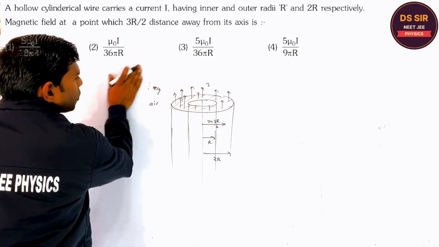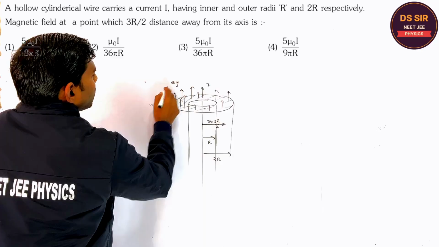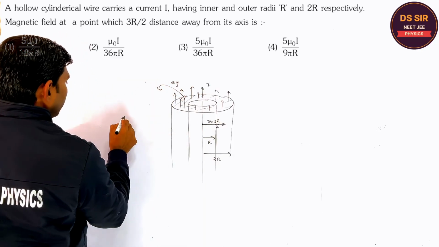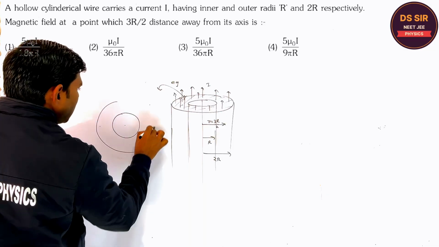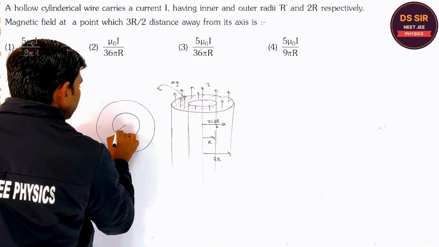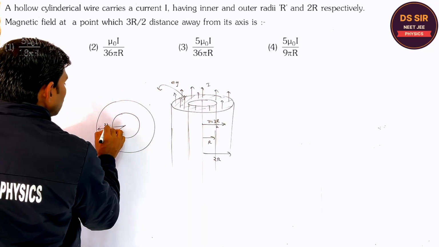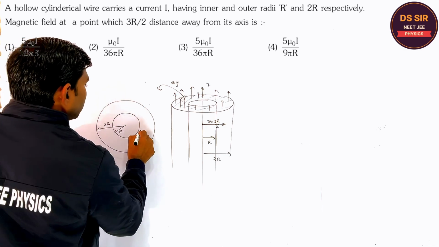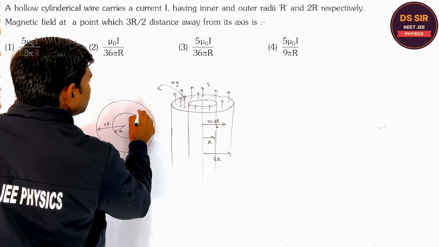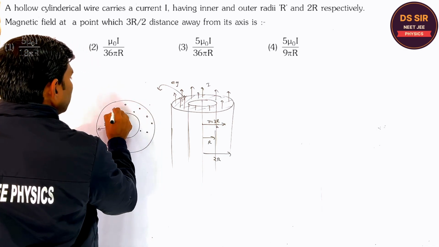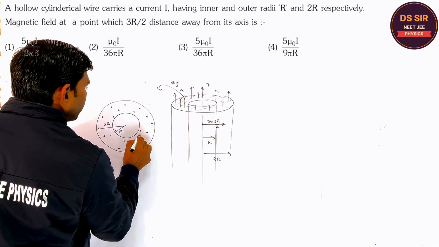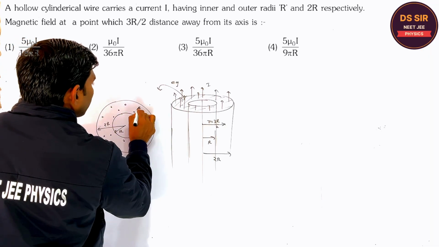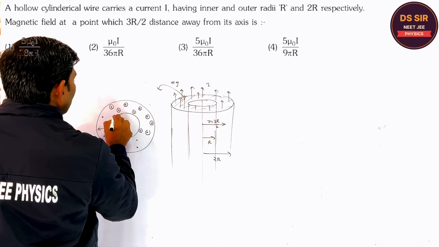If you see the top view, this is the inner circle and this is the outer circle. This radius is r and this radius is 2r. The current is distributed over this material like this, and it is coming out from the plane. Is it clear or not? You tell.